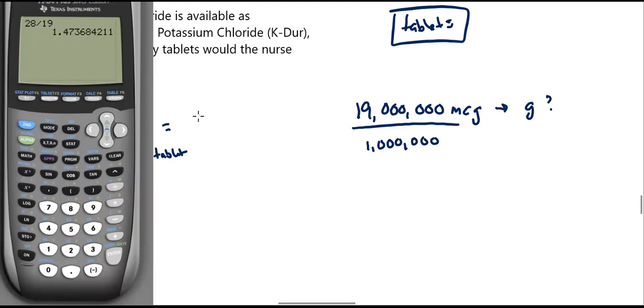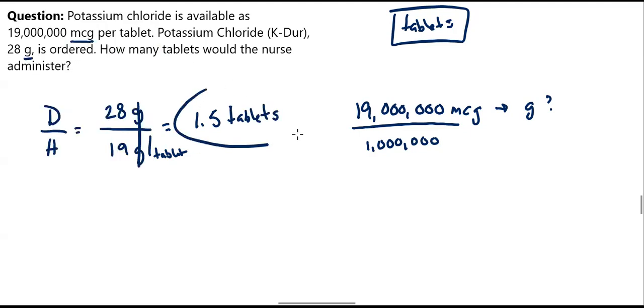This is going to be rounded to 1.5. And again, I was looking for a number of tablets. So it looks like the nurse should administer 1.5 tablets, which again, that number sounds pretty reasonable. It's not ridiculously huge. It's not ridiculously small. 1.5 tablets, that sounds fine.